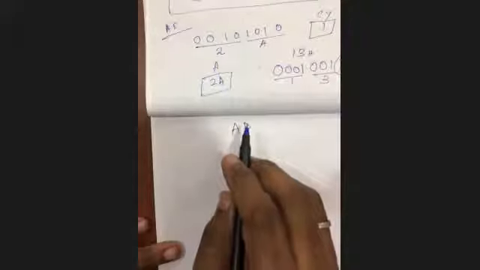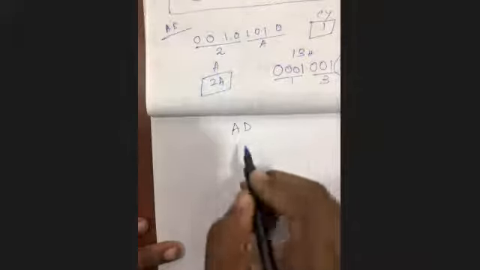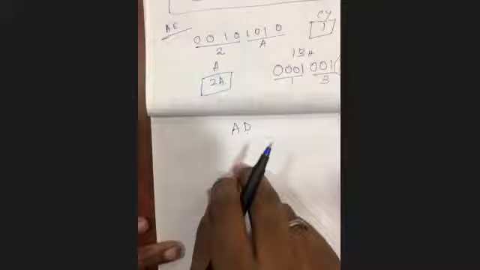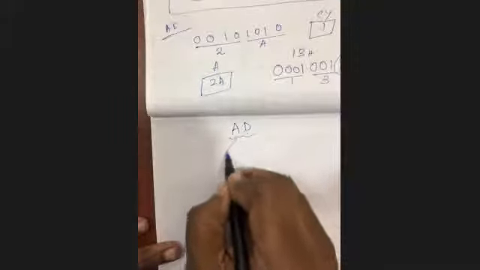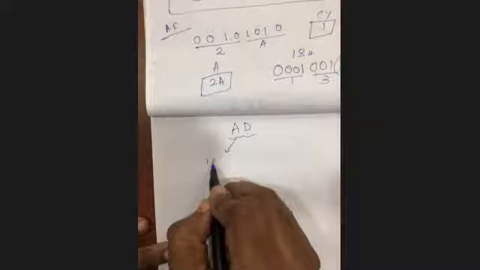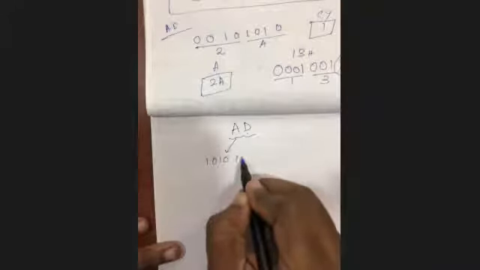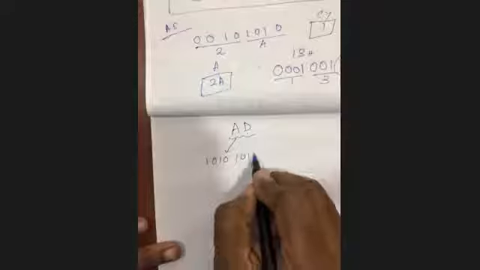D means 13, and 13 means odd. So basically, if you convert it into binary, you will get 1 0 1 0 1 1 0 1.